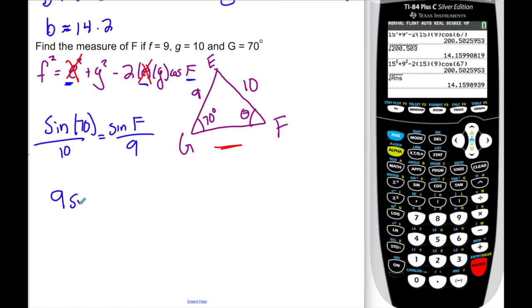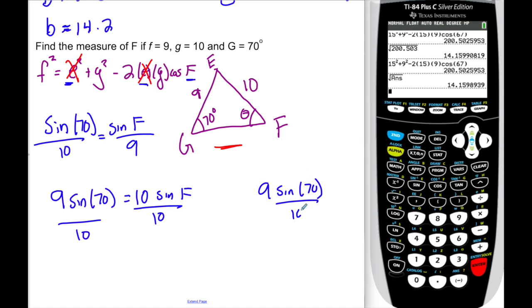Okay, and so now I solve it out. So I get 9 sine 70 equals 10 sine f. Okay, so that means that if I divide, I get 9 sine 70 over 10, and that's equal to the sine of f. So f equals the inverse sine of 9 sine 70 over 10.